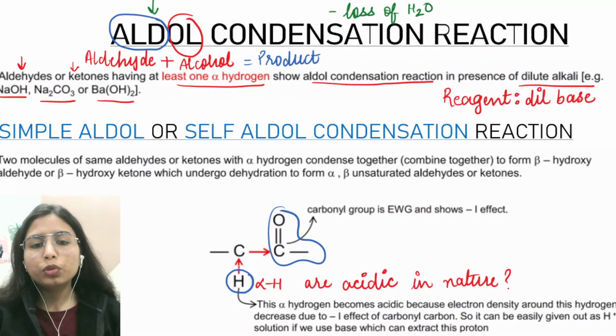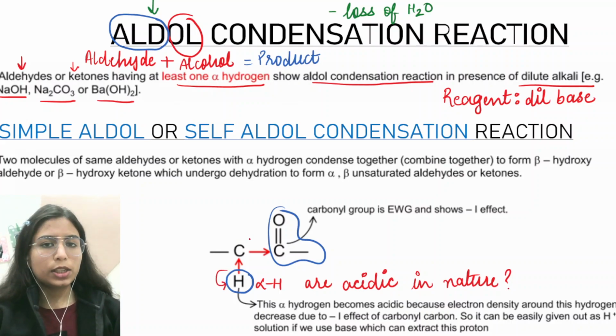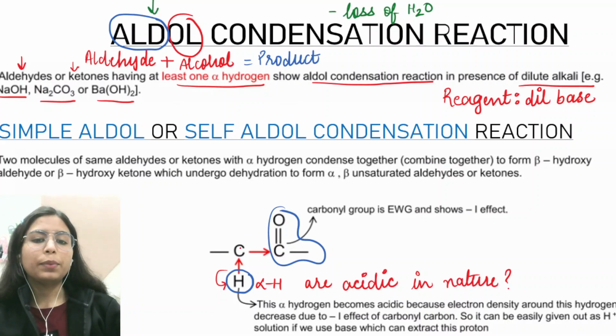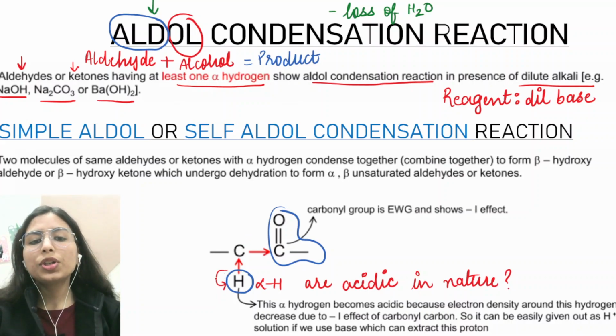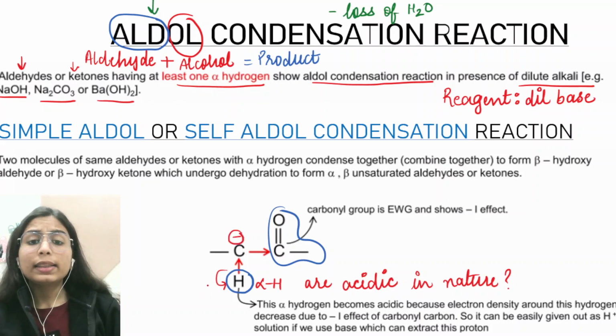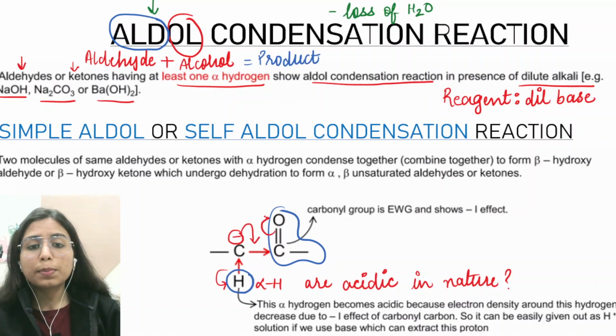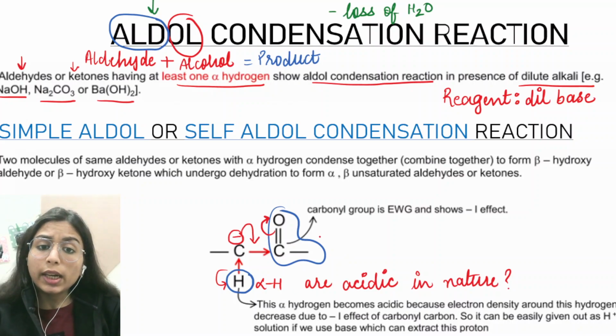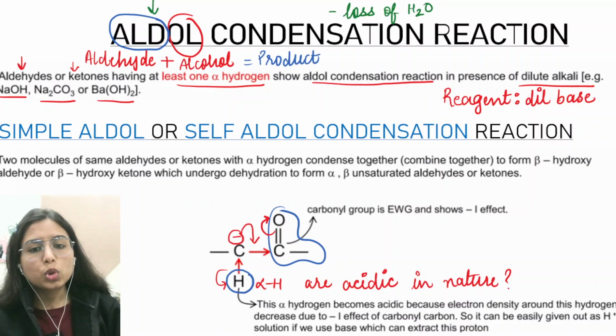We just remove this hydrogen, form the intermediate and look at the stability. After the hydrogen is removed, a negative charge would be generated and this negative charge would be further stabilized by resonance because the double bond O is present. So this indicates that these hydrogens are acidic in nature.